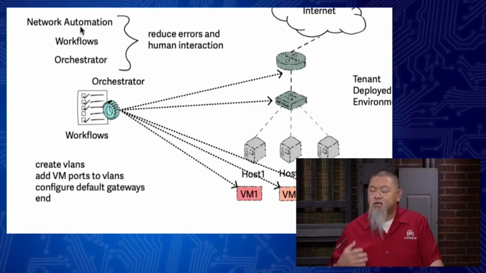So we can have that ready to go. And the nice thing about both network automation and workflows is that once we set them up, it will do this exact order of things if I want to, okay? Make sure everything is done and completed and checked in the exact same order every time that I want it to run.